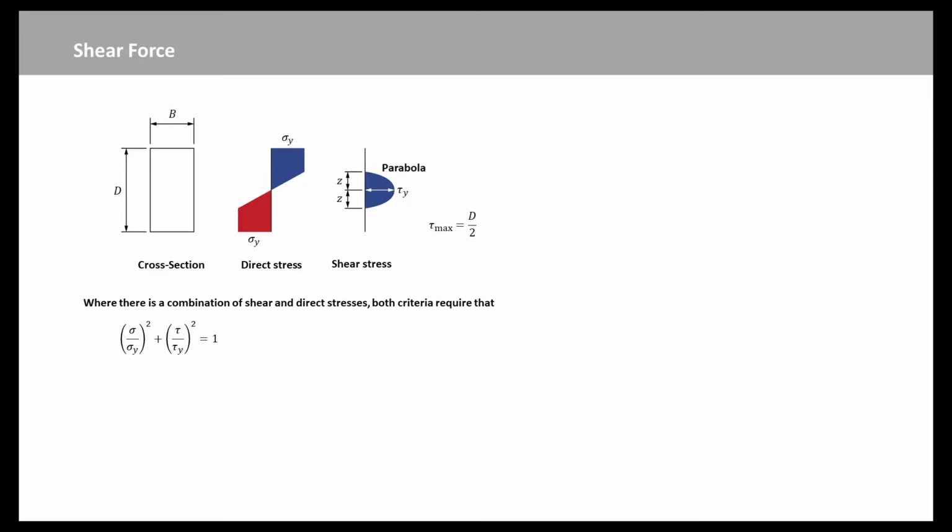The Tresca and von Mises yield criteria are most commonly used for ductile materials, where there is a combination of shear and direct stresses. Both criteria require that this equation hold for yield to occur, where tau y is the yield stress in pure shear. Consequently, the individual stresses, sigma and tau, cannot reach their full yield value unless the other is 0. In general, this means that it is impossible for the full plastic hinge stress distribution to develop.